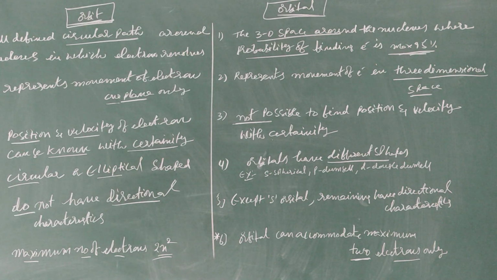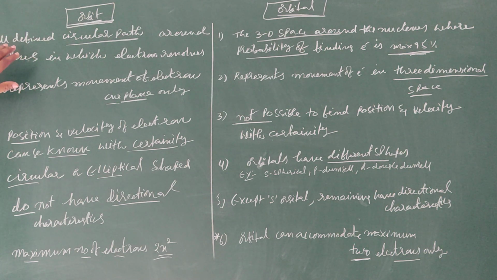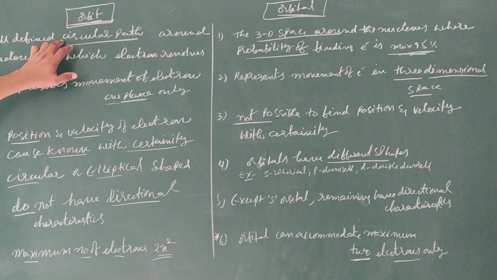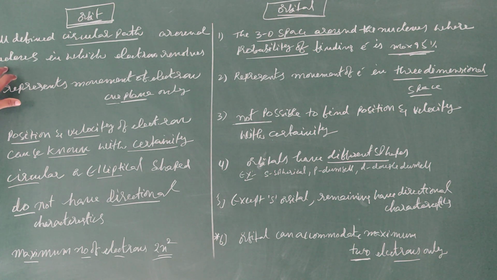Next, differences between orbit and orbital. Orbit is a well-defined circular path around the nucleus in which the electron revolves.